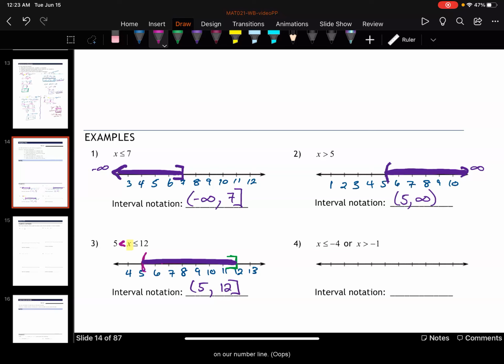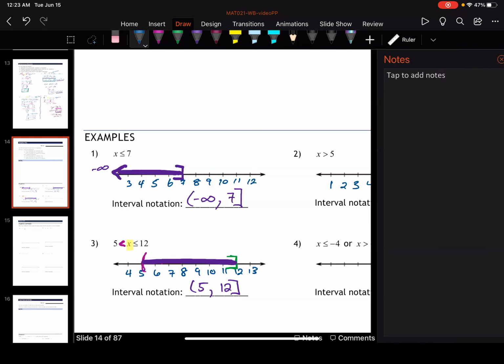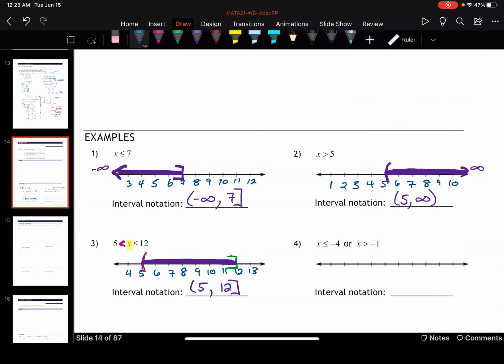Let's start with -6 maybe on our number line. Remember when you're doing negatives, they go in reverse order. Okay, so from 0, they would go backwards basically. So make sure you're careful when you do your number line there.